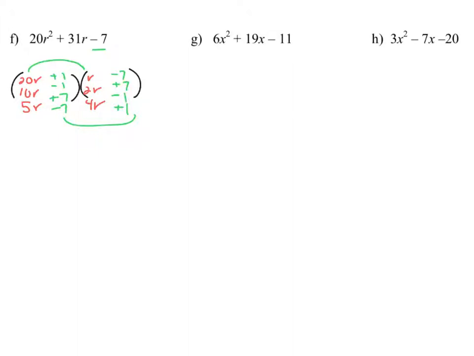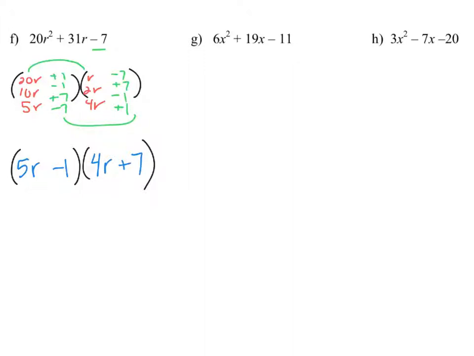So I've done quite a few of these doing the guess and check method, and I found a pair that works. I find that one of the factors is 5r minus 1, while the other factor is 4r plus 7. I do want to make sure this is the correct one by using the check step.